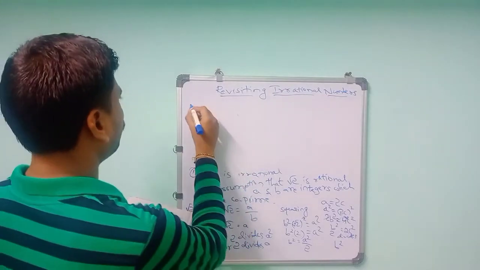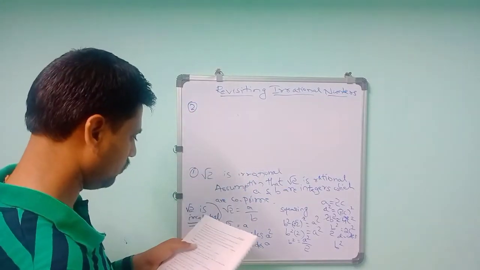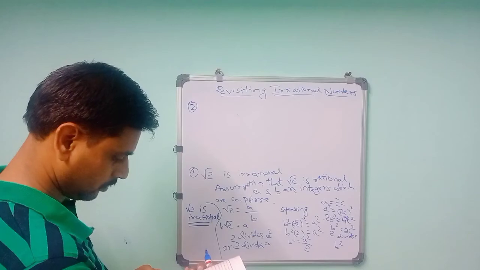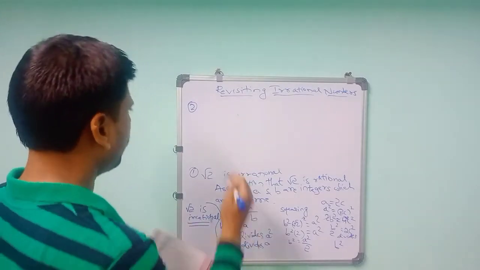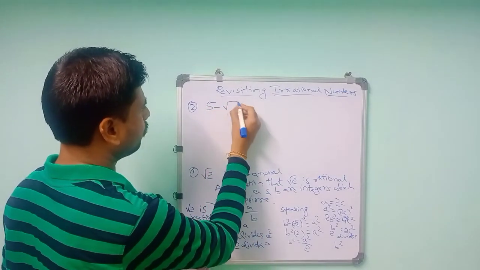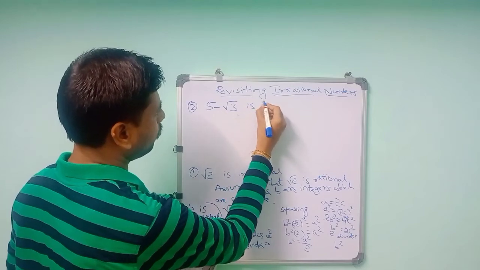Then you take one more example. It is root 2, no. So you take 5 minus root 3. You have to prove 5 minus root 3 is irrational.